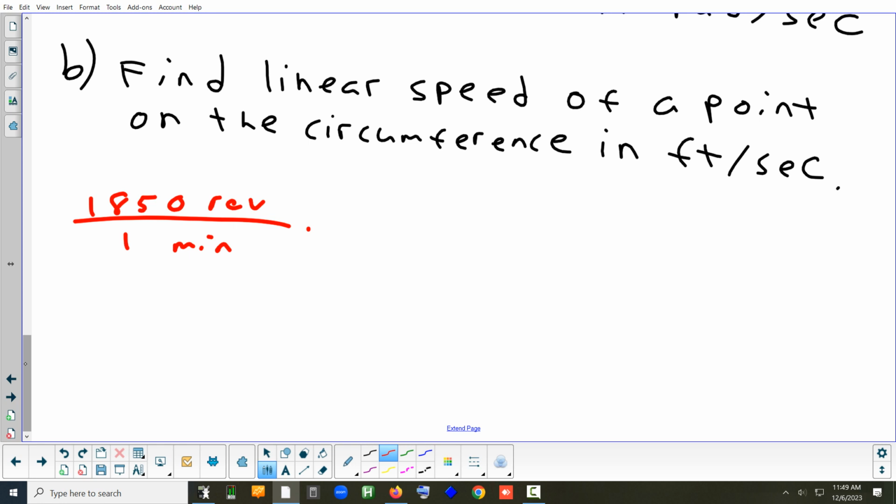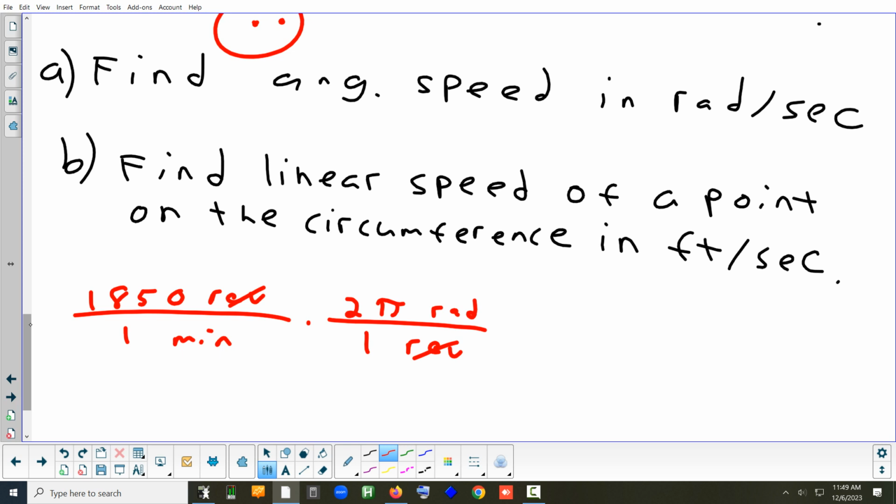So 2 pi what? 2 pi radians over 1 revolution. Okay. So now I got what they want for the angular measurement. Now we need the time measurement. How are we going to get rid of minutes? Yeah. 60 seconds on top.